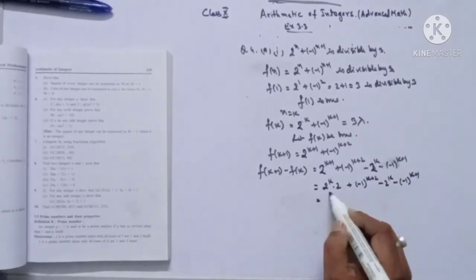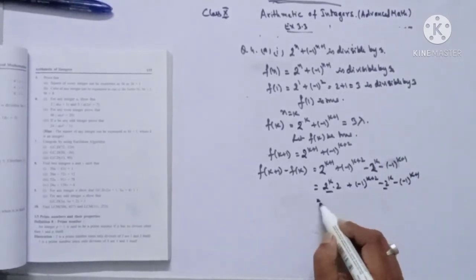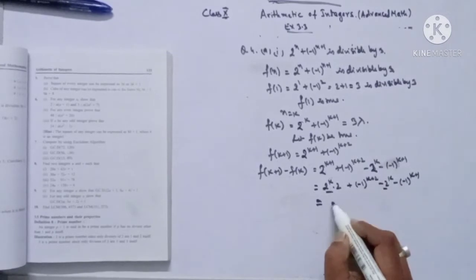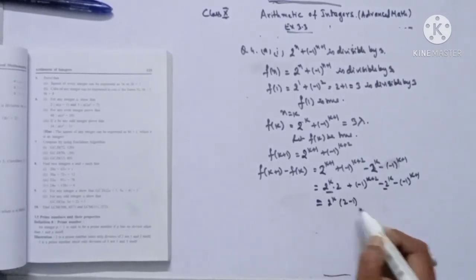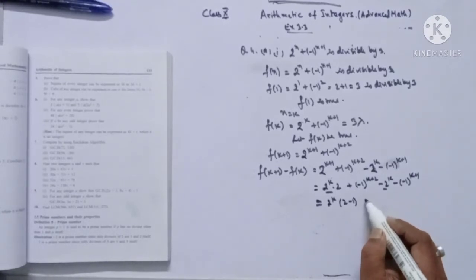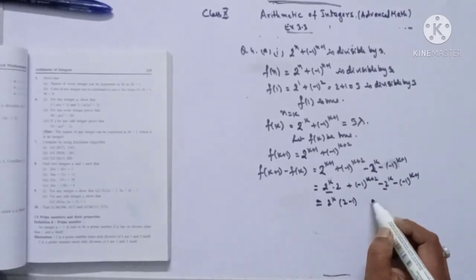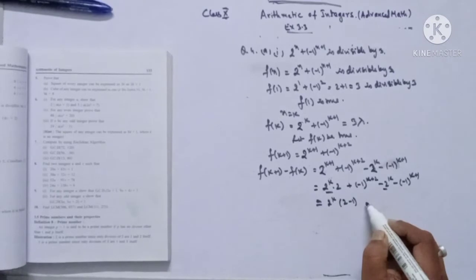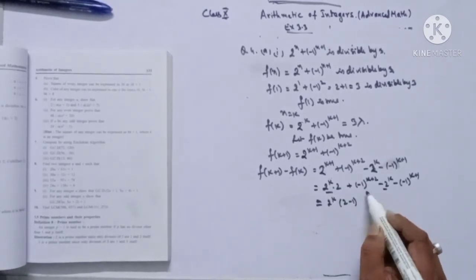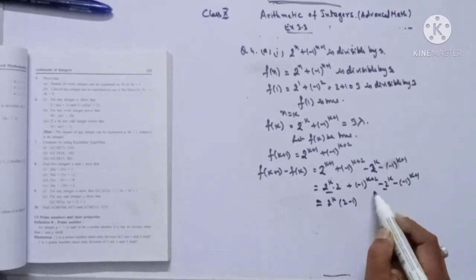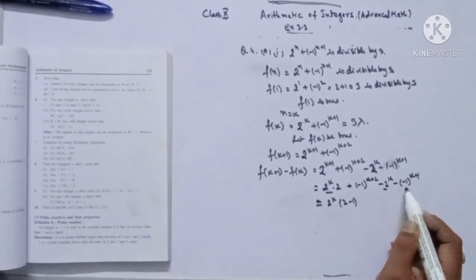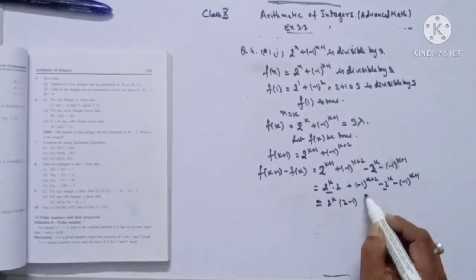So this and this will become 2 minus 1, because 2 to the power of k is common, 2 minus 1. And similarly here, this will be k plus 1. So this is minus.